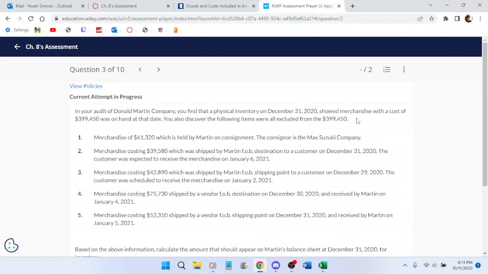So we'll actually just mostly add. And held on consignment. They don't care about that one. Oh wait, hold on a second. So this doesn't count.